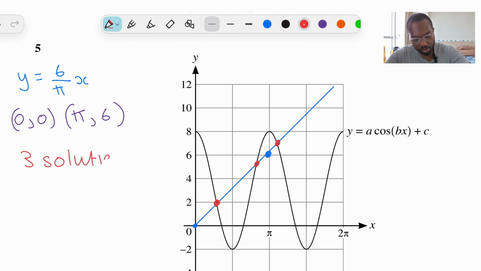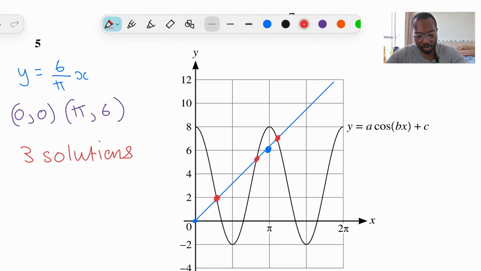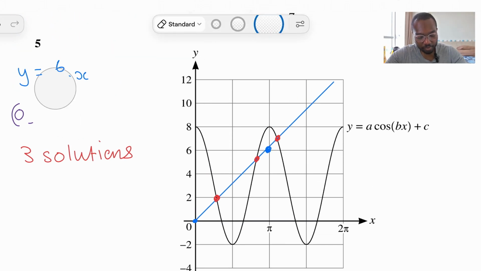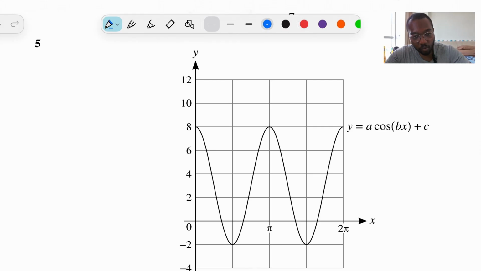So that's B(i) done. For the second question, we have to do 6 minus 6 over pi x. If I just erase all of this now, we have y equal to 6 minus 6 over pi x.